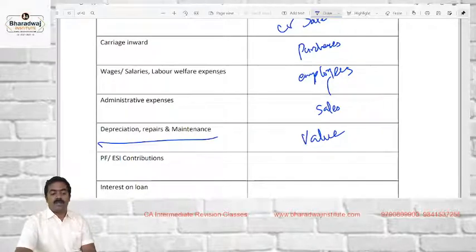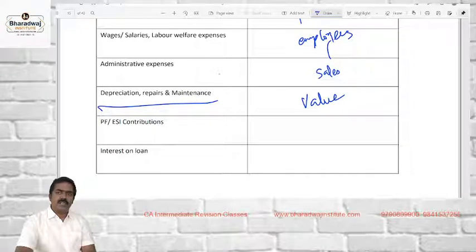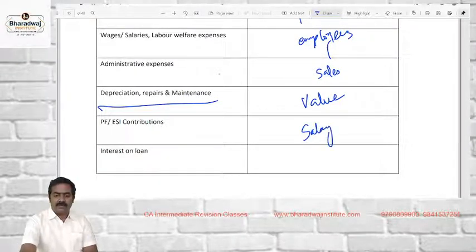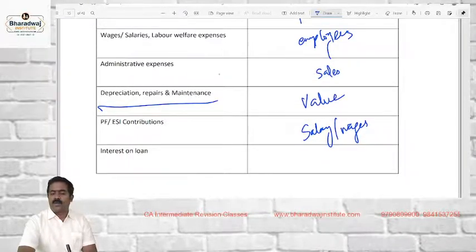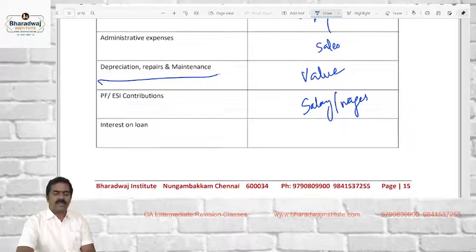Depreciation, repairs and maintenance of machines are based on value of assets. PF, ESI contributions? Based on salary. The contribution to PF or ESI depends on wages. What about interest on loan?